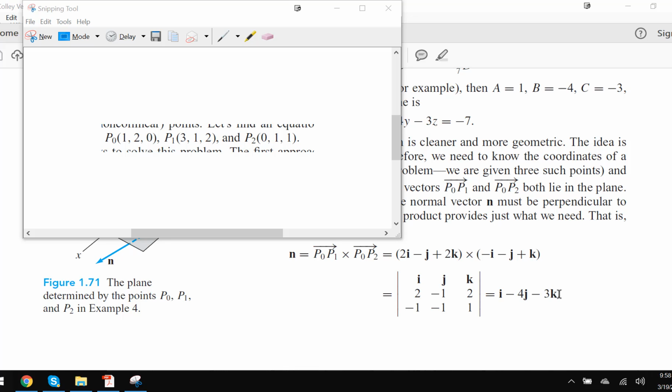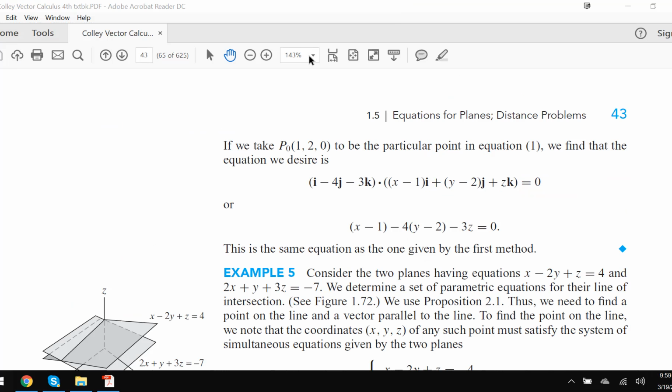So now we have a normal, and we need 1 point. We actually have 3, so we can just choose any of them. So they take P0, and we do the dot product. We take P, which is any point, so it doesn't have a subscript, for its x, y, and z, which is what we have here, x, y, and z.